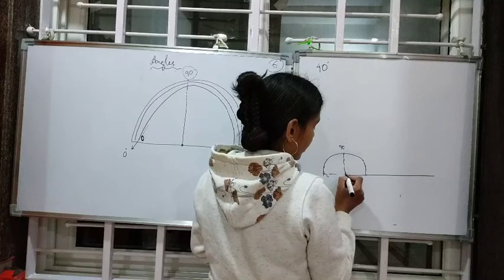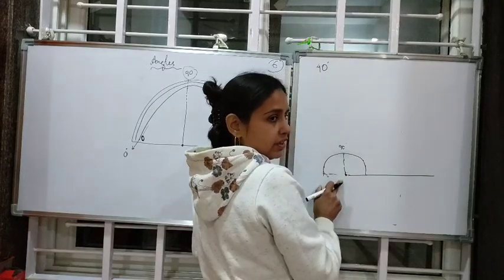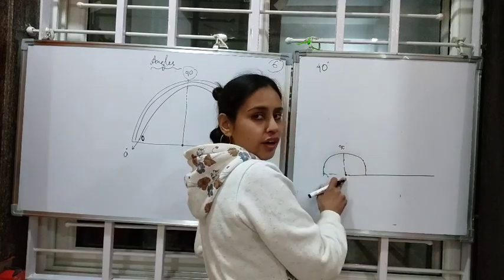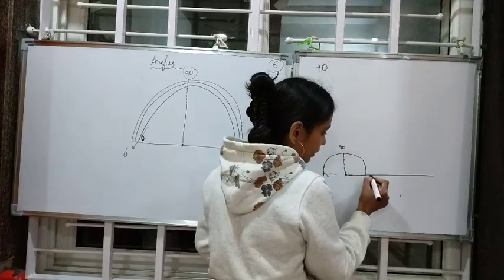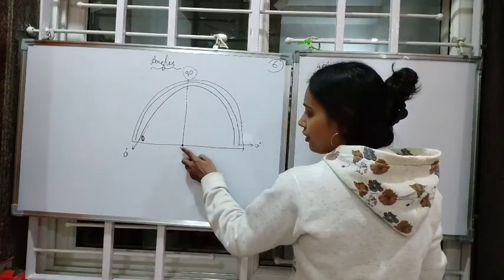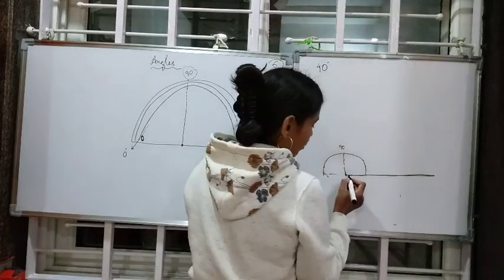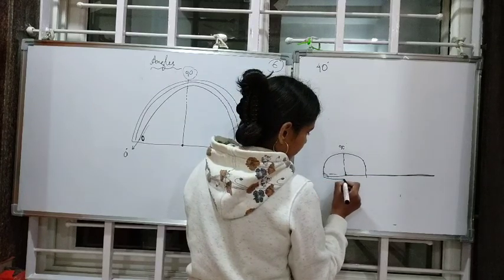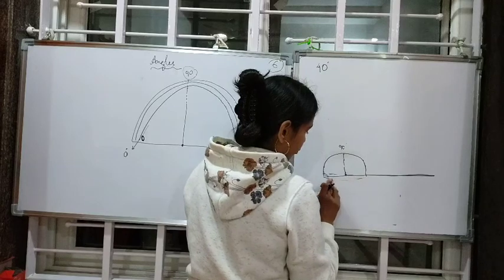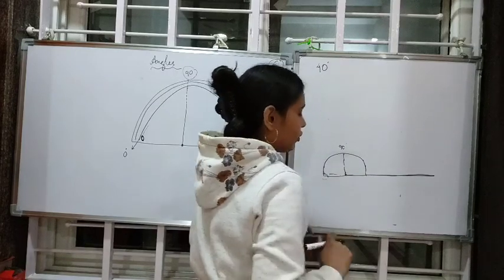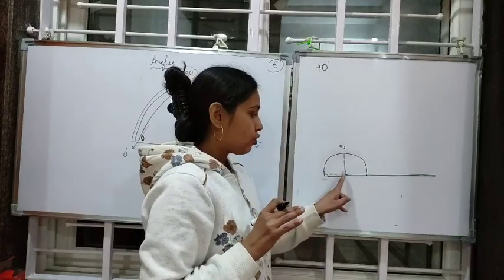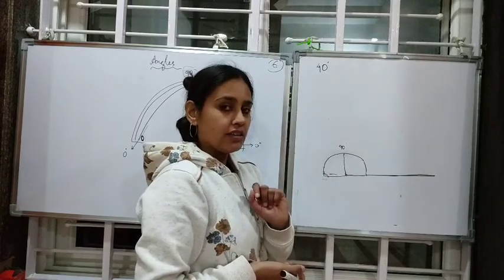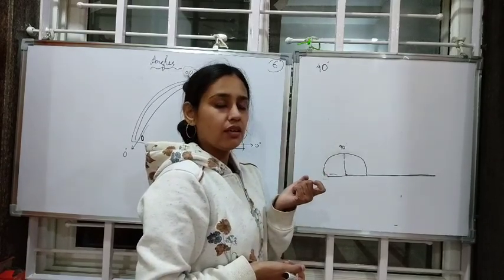So the point of the baseline we have drawn and the center point of the protractor should be one on top of the other, and this baseline and the protractor's baseline should be one on top of the other. I won't draw the protractor, otherwise you will get confused. So the first thing is to draw the base. The second thing is to place the protractor, and it is very important to place it in the correct order.